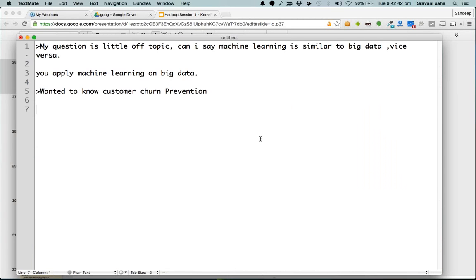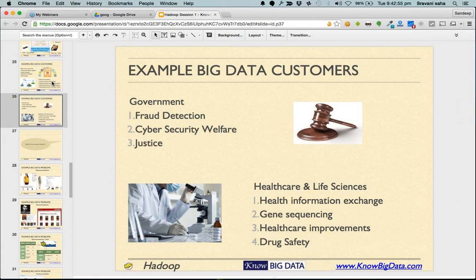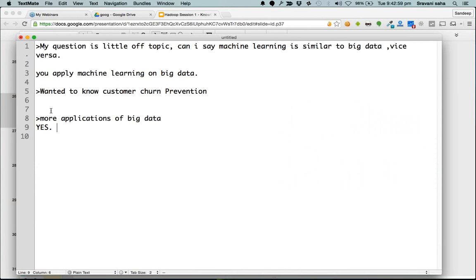So Raj's question is, are there more applications of big data? Yes. To keep my slides small, I have kept only the ones which you can relate to. Almost every branch of science and engineering is being impacted by the ability to handle humongous data.